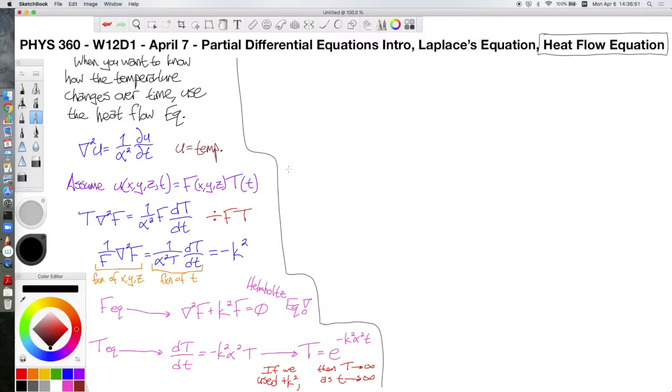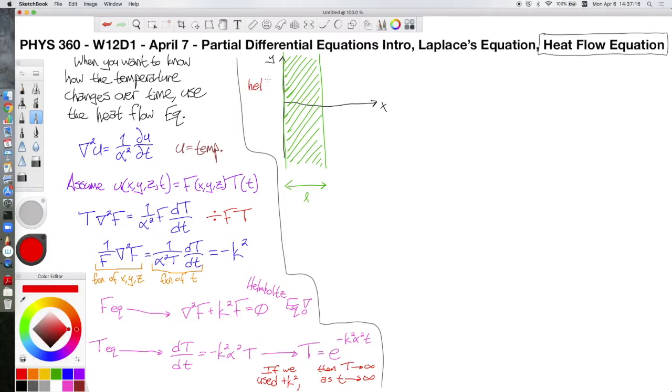So let me draw that for you. So we have a metal slab of width L. We are going to hold the left side at 0 degrees the entire time, and the right-hand side is going to be held at 100 degrees until we reach a steady state temperature.